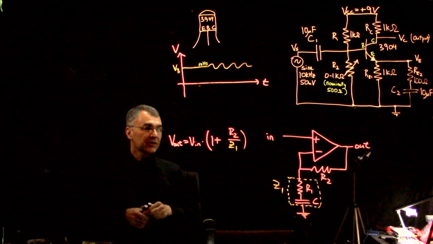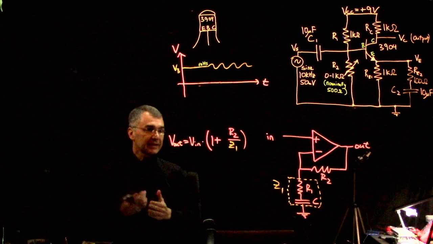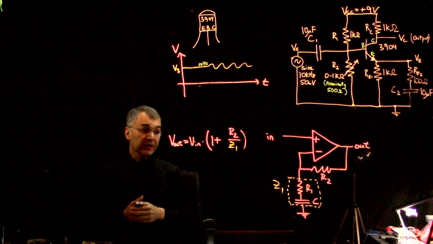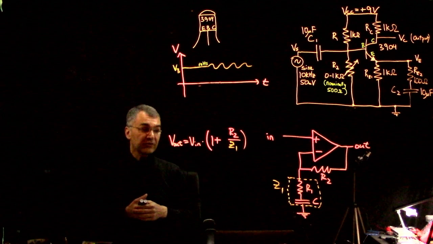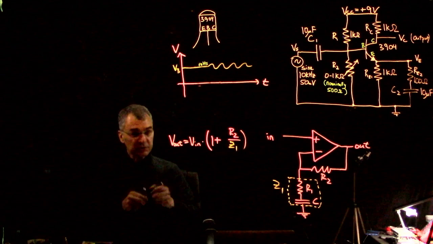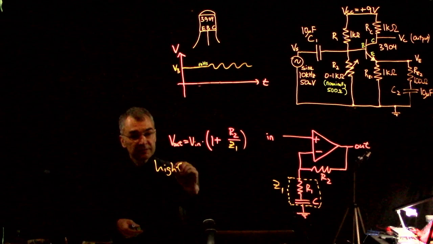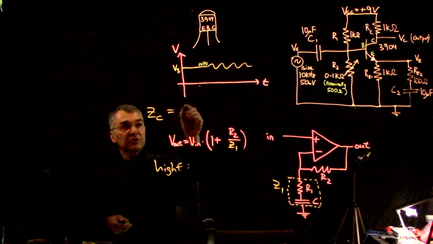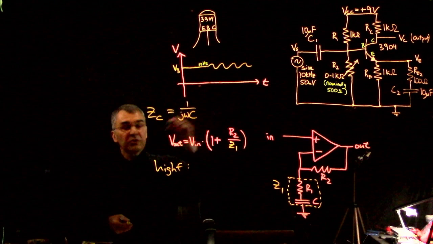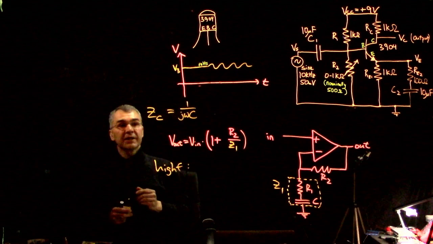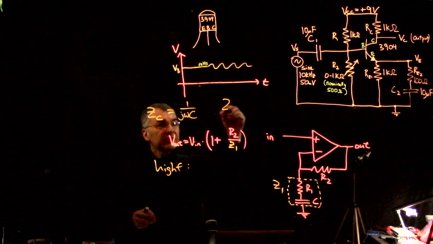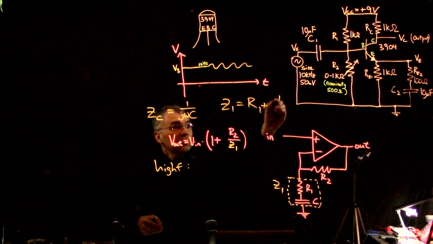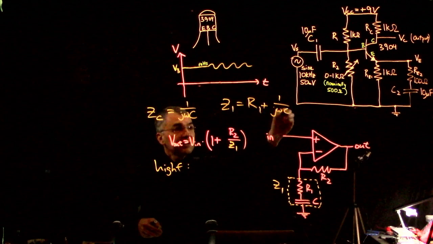And then again, we'll take our two limiting cases. At high frequency, we're going to say that the impedance of the capacitor is negligible. Remember that the impedance of a capacitor is 1 over j omega c, where j is the square root of minus 1. So Z1 is R1 plus 1 over j omega c.